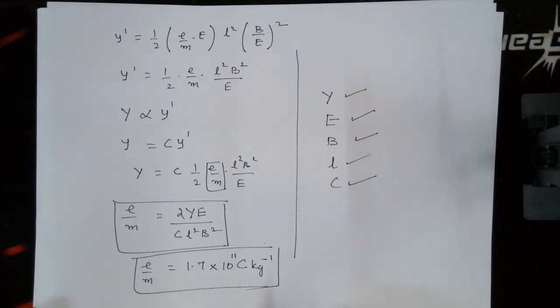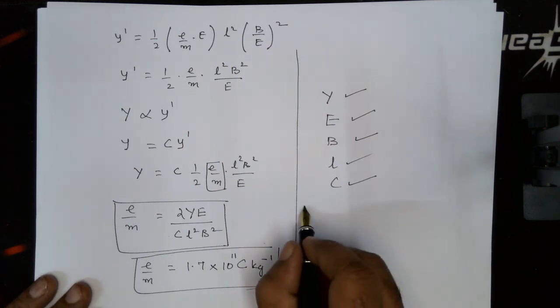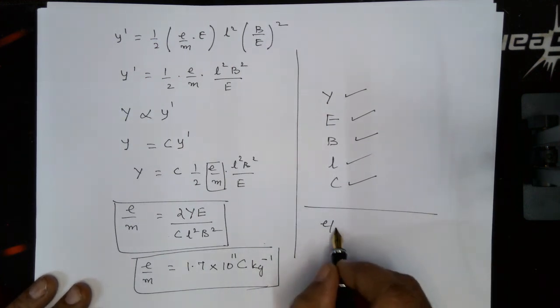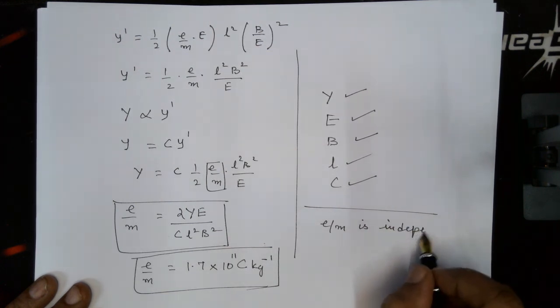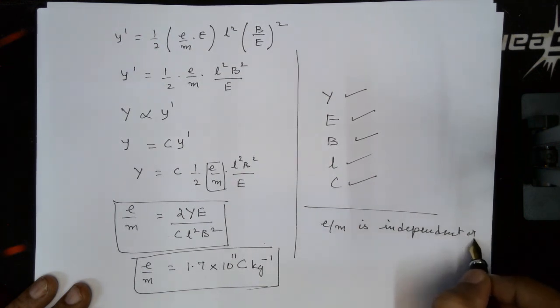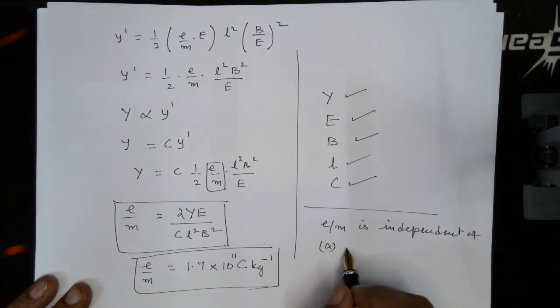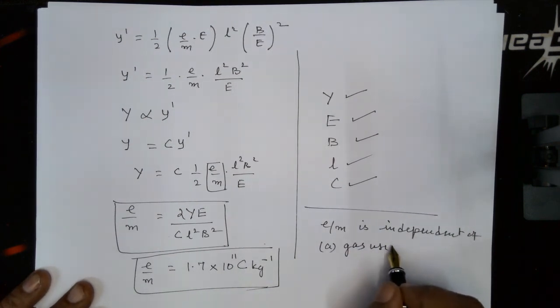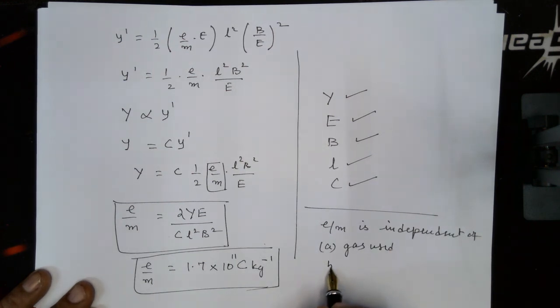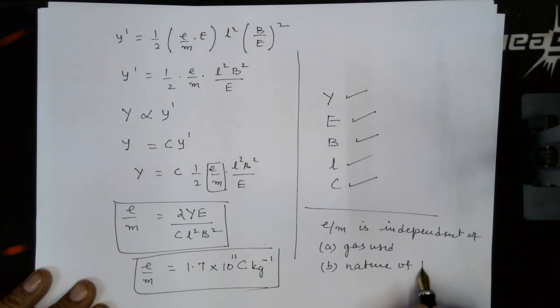Now you should note down one important point. See, these are all constants only, the applied fields only. And in fact, you should know the e by m is independent of the gas used, because inside the discharge tube we use the gas, and it doesn't depend on the nature of the electrodes.